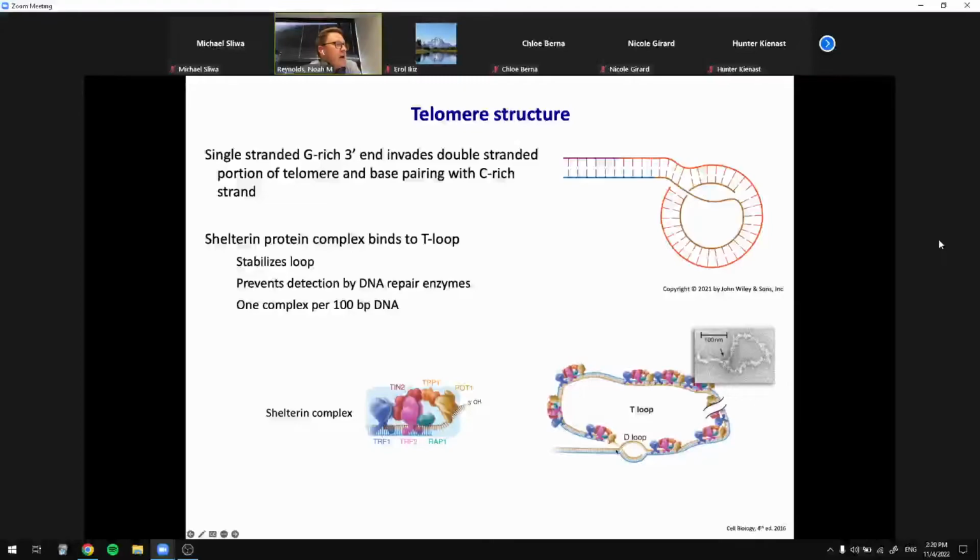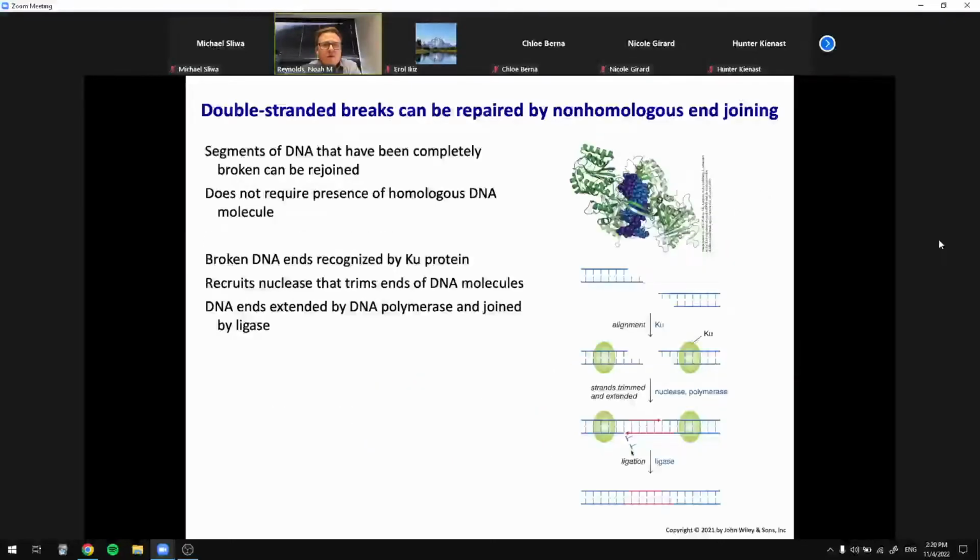And so why do we want to do this? This is to protect us from some of these DNA repair mechanisms we have. And one of those DNA repair mechanisms we talked about, right, was non-homologous end joining. And that's because if your chromosomes get broken, your cell wants to repair that. It wants to repair it fast, and it just wants them hooked together. It would like it to be perfect, but if you can't do that, just hook those ends of the broken chromosomes together.